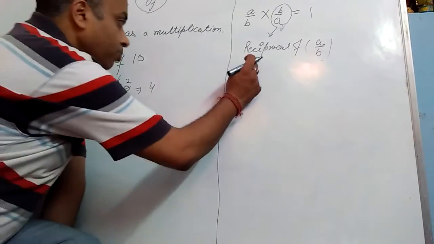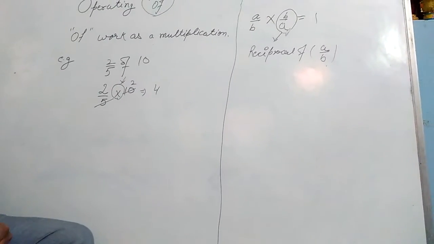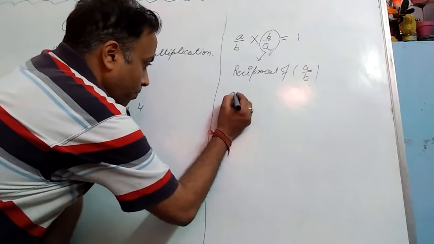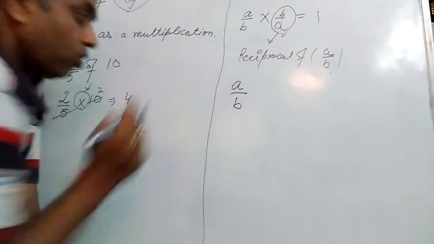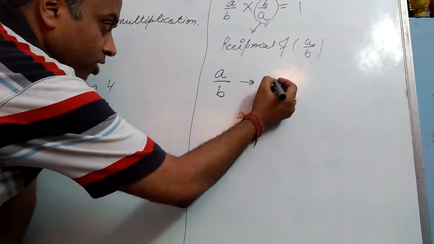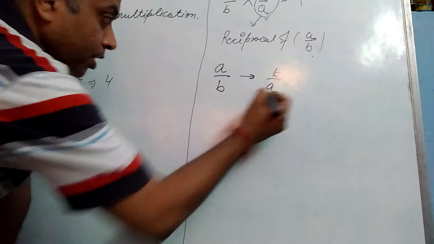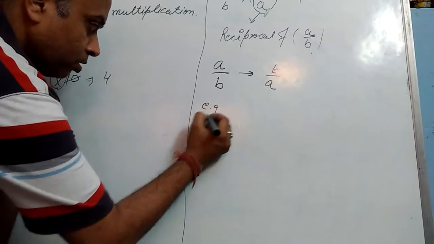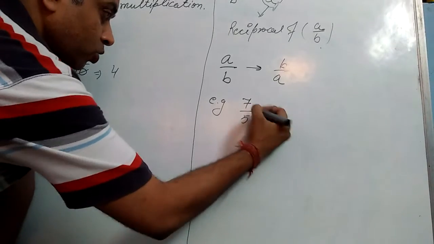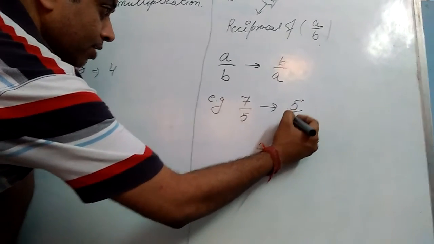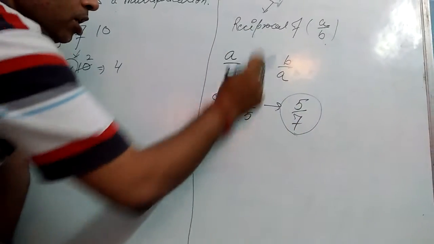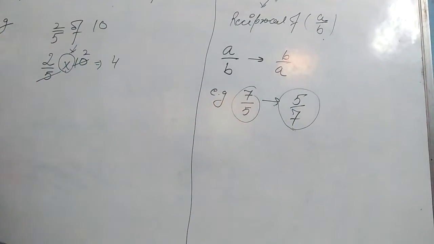In another way, this may be defined as reciprocal of any non-zero fraction a upon b. So reciprocal of this non-zero fraction may be written as b upon a. For example, if a number 7 upon 5 is given to you, so this 7 upon 5 may be written as 5 upon 7. So this 5 upon 7 is called the reciprocal of 7 upon 5.